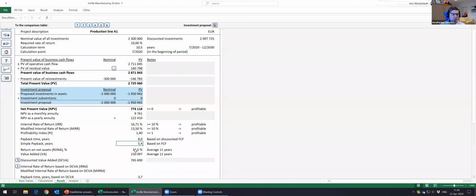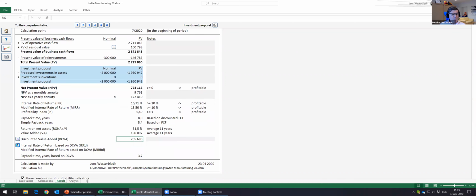Then there are some other ratios: return on net asset value, average value added per year, and all value added per year summed up and discounted, similar to net present value but based on income statement and balance sheet.